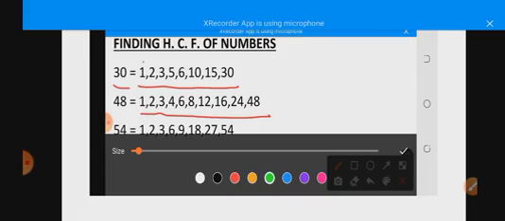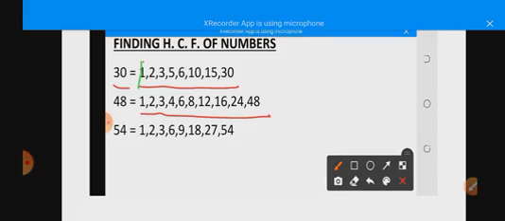If you look at the factors of these numbers, you see that 1 is common, 2 is also common, 3 is common to the 3 of them, 6 is also common. Which other number is common? None. 10 is not common, 8 is not common, 12 is not common. So there is no other common factor of 30, 48, and 54. You get it? This is what we mean by common factor.